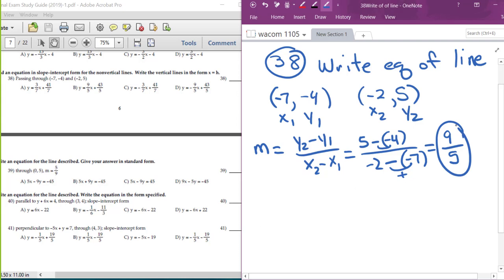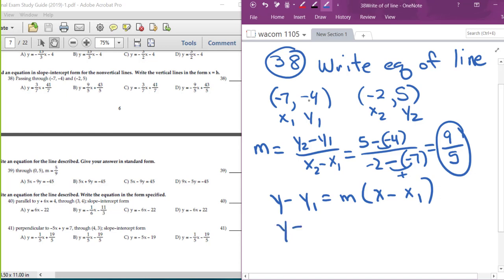They did not say anything about parallel or perpendicular here. So we just have to use that slope and 1 point. So you need to know the slope formula. You need to know the point slope form, which is y minus y1 equals m times x minus x1, so that you can plug in. And so we'll just use our point 1. You keep the plain x and y.